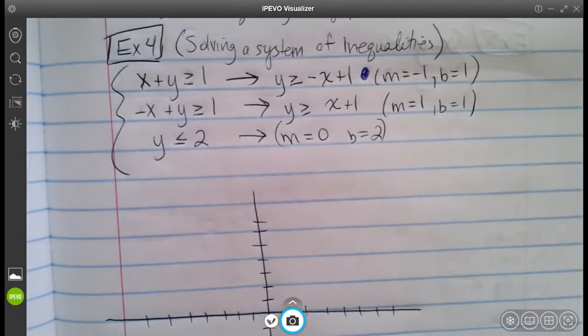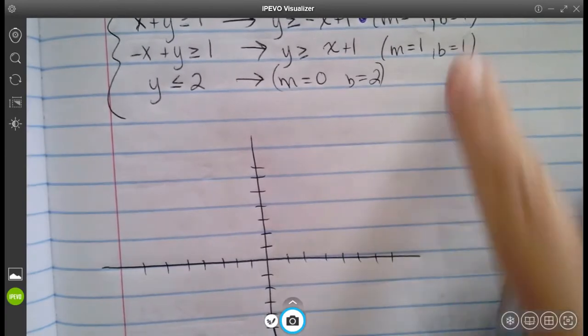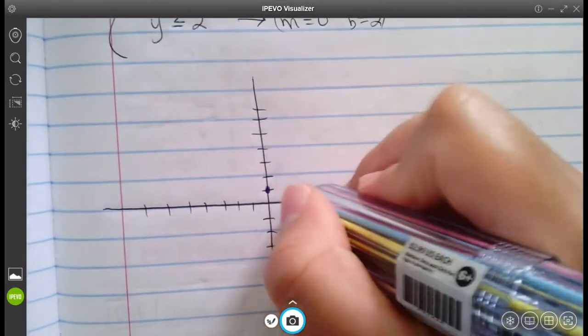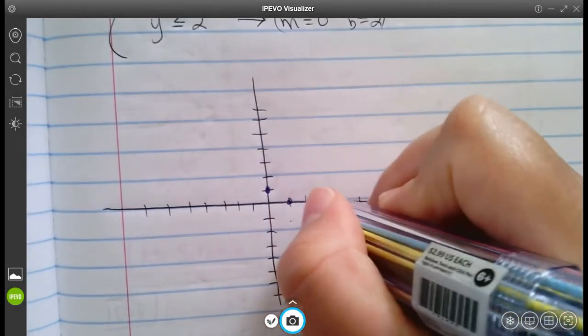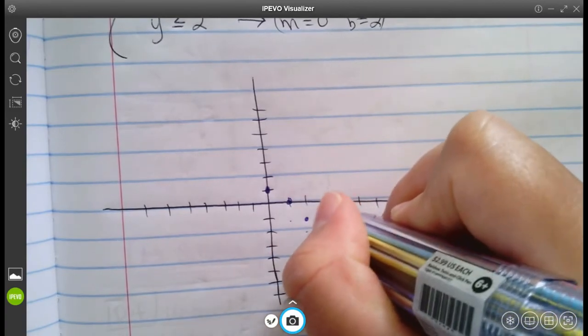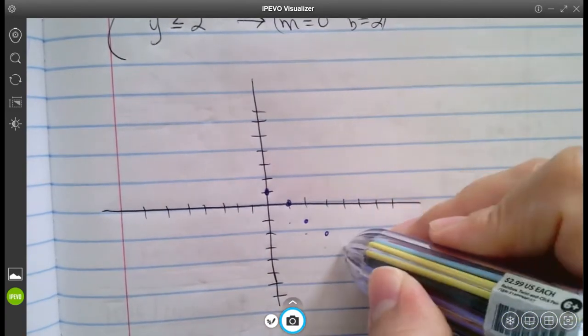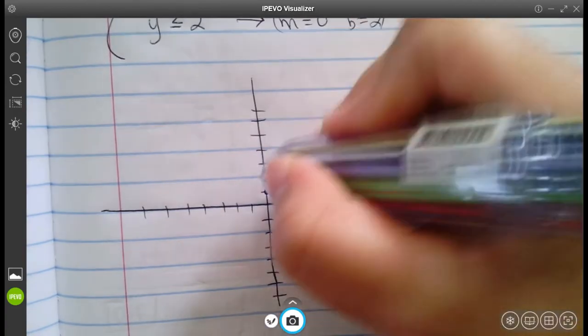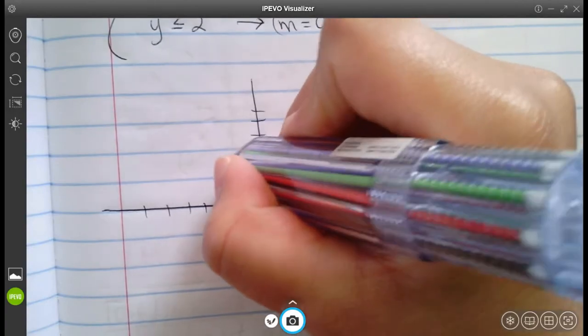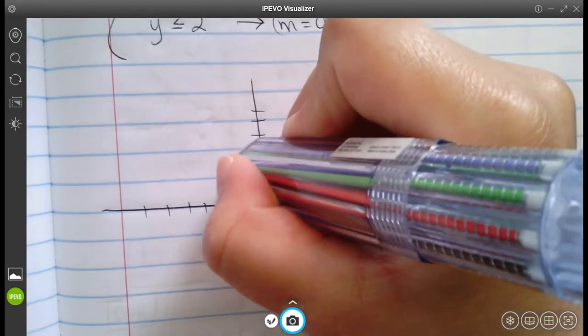So let's do our first one here in this color, blue. We're going to start at 1. The slope is negative 1, which means I'm going to go down 1, over 1, down 1, over 1, and so forth. For these, you want to do a few points so you have the general idea of where they would land.